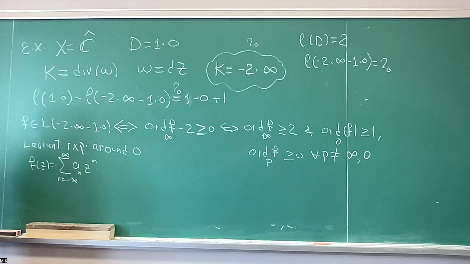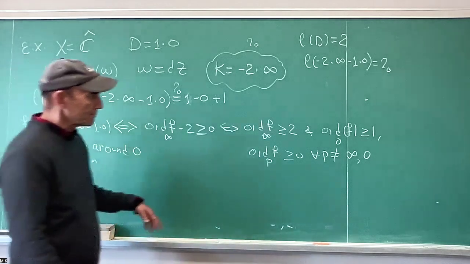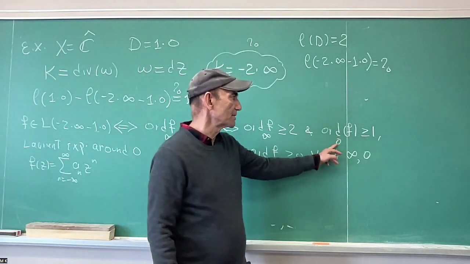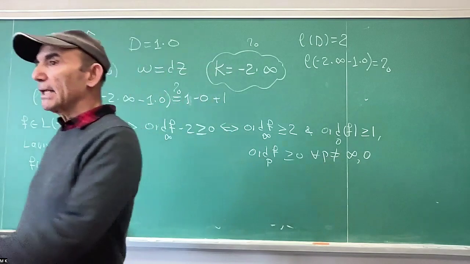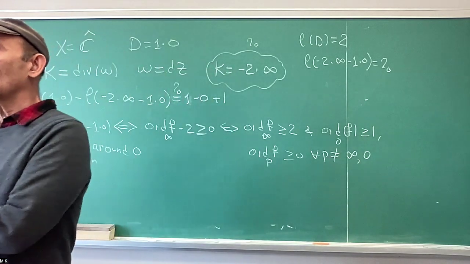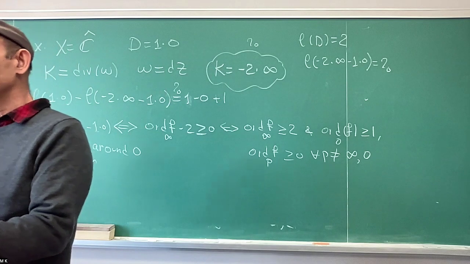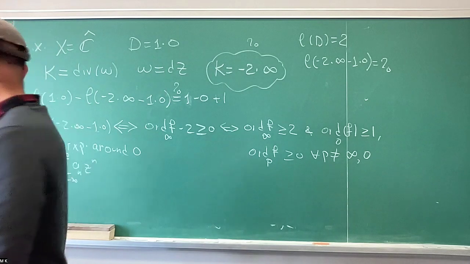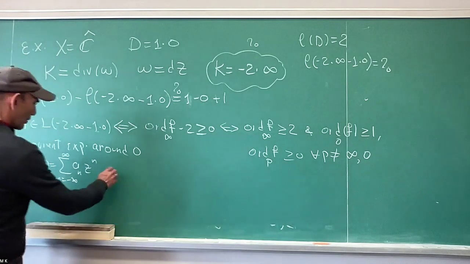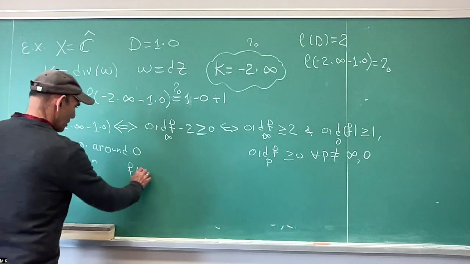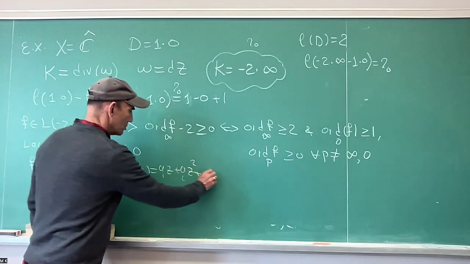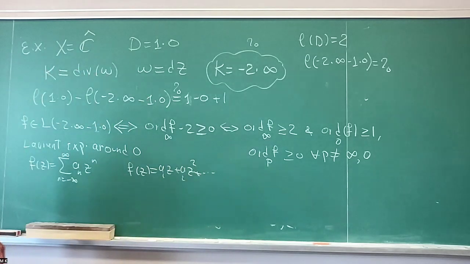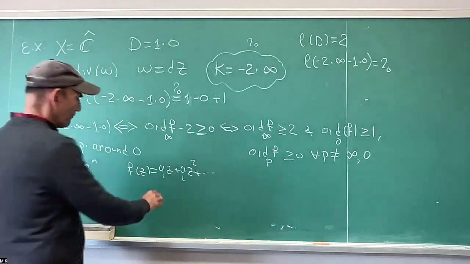That's okay. Now, what does this condition tell us? The order of f at 0 has to be bigger than or equal to 1. What does that say? It means that there cannot be any negative terms, and there cannot be a constant term either. So it has to start with degree 1 at least. So f of z has to be of the form a_1 z plus a_2 z^2, and so on. Good. Okay, now then what? Now we have got the order of f.